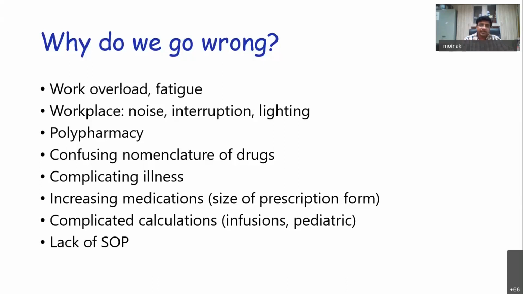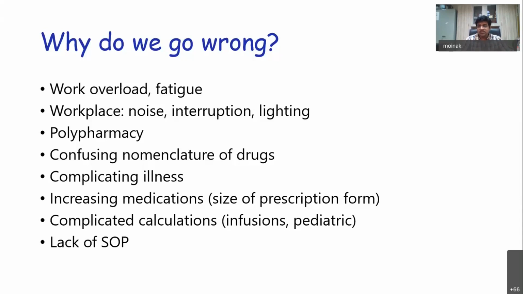I can't remember exactly what. Now, if you write Cipzox, somebody might give you Ciplox. Ciplox is ciprofloxacin. So there may be confusing nomenclature. Complicating illness: sometimes one illness leads to another, and the number of drugs starts increasing. So we get confused there.